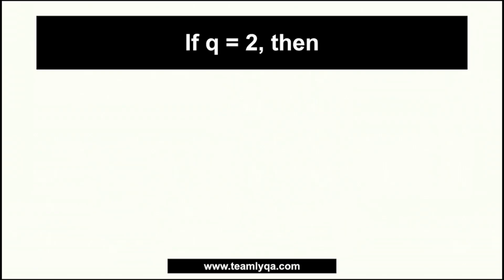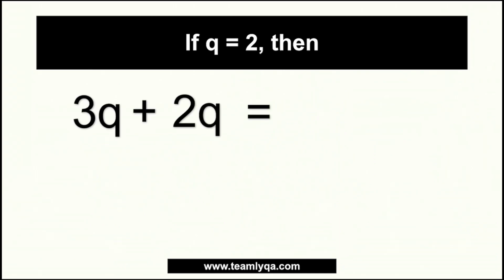So, sabi, if Q is equal to 2, then ano mangyayari dun sa 3Q plus 2Q natin? Okay? Now, again, sinabi na agad, Q is equal to 2. So now, ang gagawin natin, lahat ng Q, papalitan natin siya ngayon ng 2. Okay? Now, it's really best if you're doing this na isulat ninyo siya or ulitin nyo siya sa next na row para hindi kayo maguluhan.